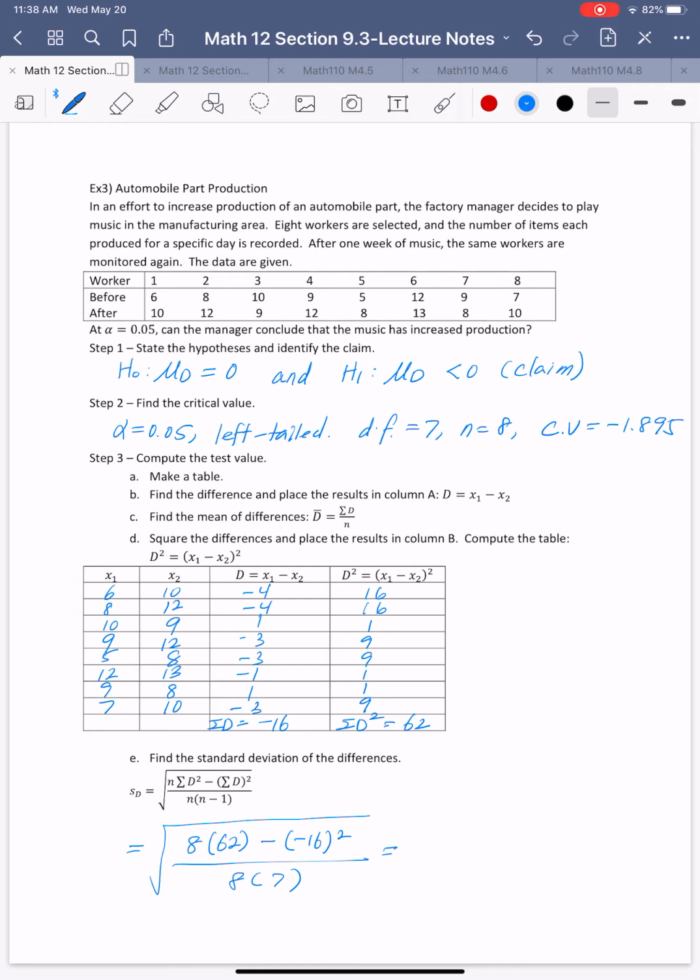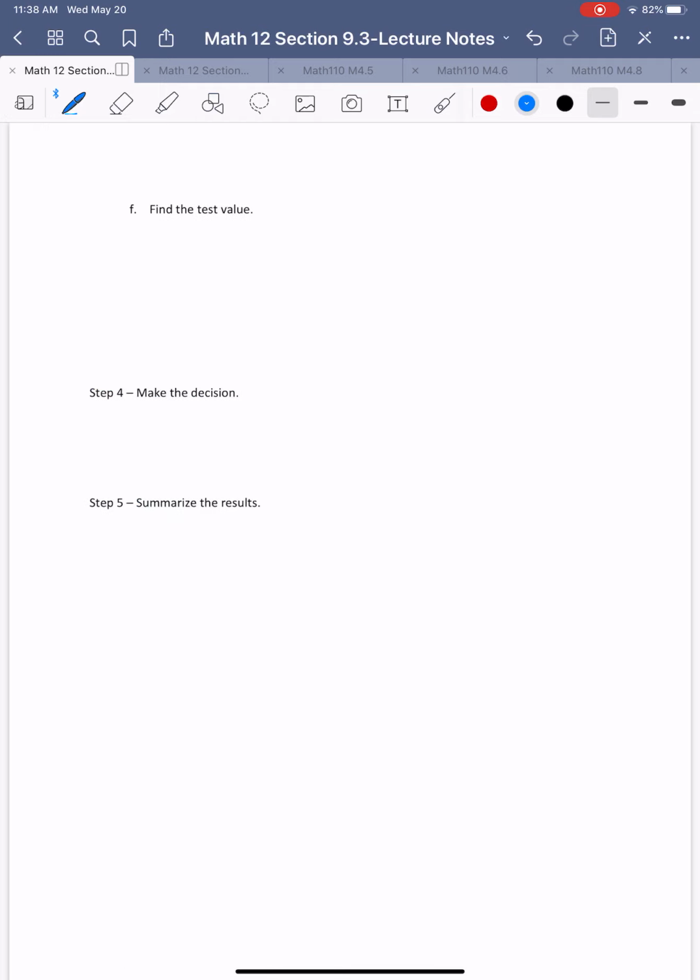And then it becomes 240 over 56, which equals 2.07. Oh sorry, so what am I doing? Sorry about that. I already finished the standard deviation, right? Okay, so find the test value here.